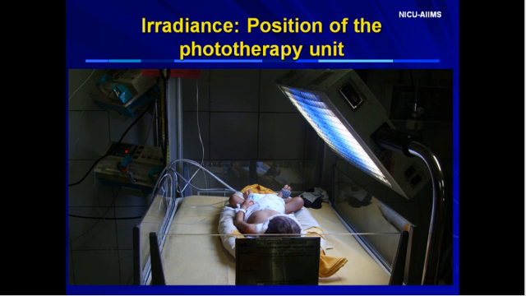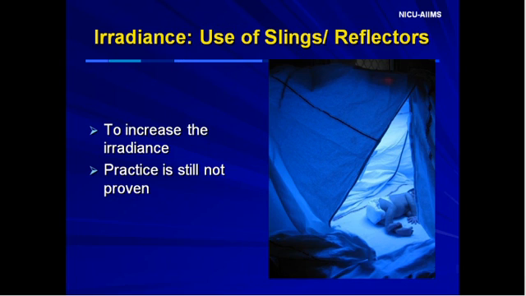So, to increase the irradiance, the phototherapy unit should be placed as close as possible. Minimum distance is at least 15 cm from the bassinet to observe the baby. An important point to be remembered is that the temperature of the baby should be noted regularly every 2 to 3 hourly when phototherapy units are placed closely.